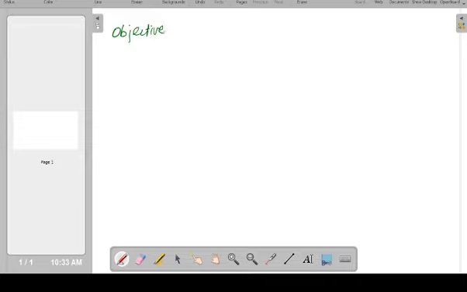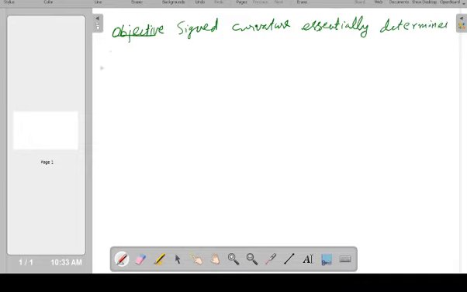Objective of today's class is: signed curvature essentially determines a plane curve. So what is meant by essentially? That we will specify later.